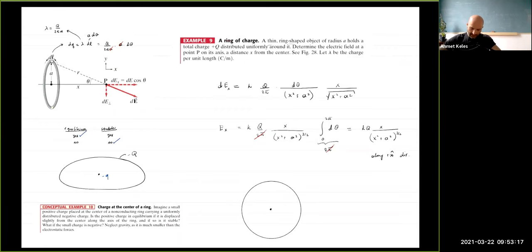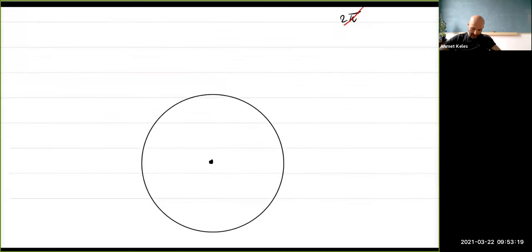Suppose this is the center of the circle, and you have a radius like this, and a very small angle d theta, the length of this region is, of course, the radius a times d theta.